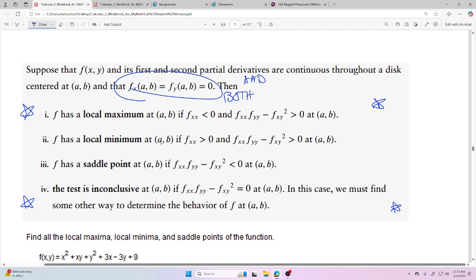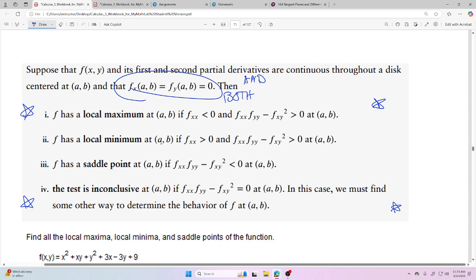Once you have that, then you go and apply the second derivative test, essentially. And if you remember, and I know you do, it's always mixed up, isn't it? Your maximums are less than 0. Your minimums are greater than 0, right? It's just the curve sketching stuff. Y'all remember that from Cal 1?